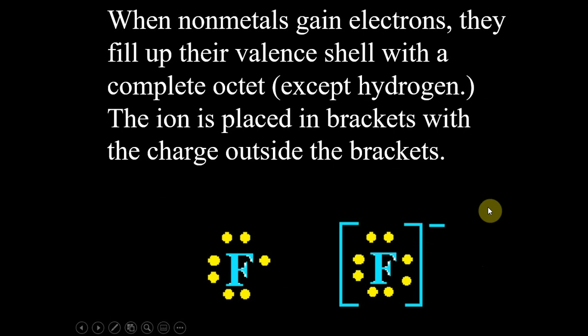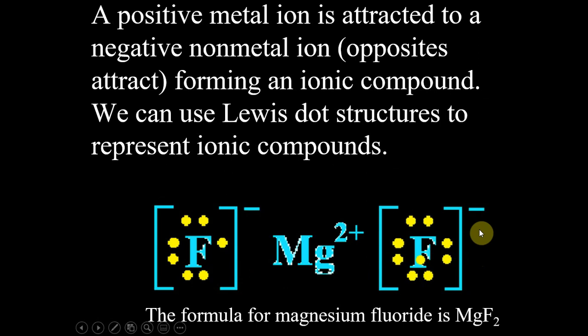Lewis dot diagrams are simply, I guess, the simplest way of showing how atoms bond with each other in covalent bonds.